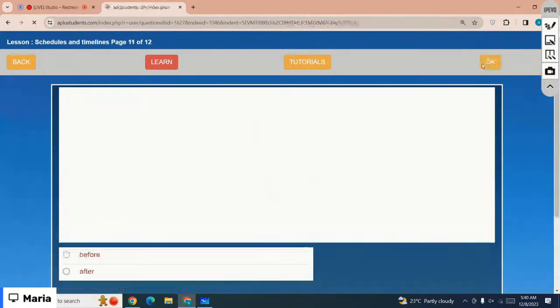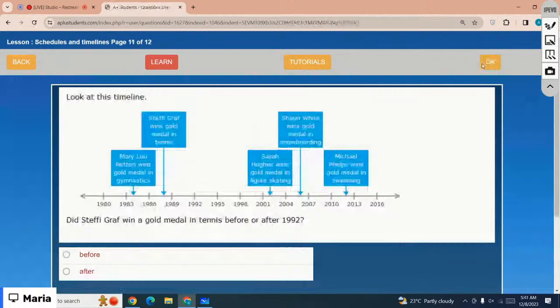The next one, look at this timeline. Did Steffi Graf win a gold medal in tennis before or after 1992, which is the correct option?